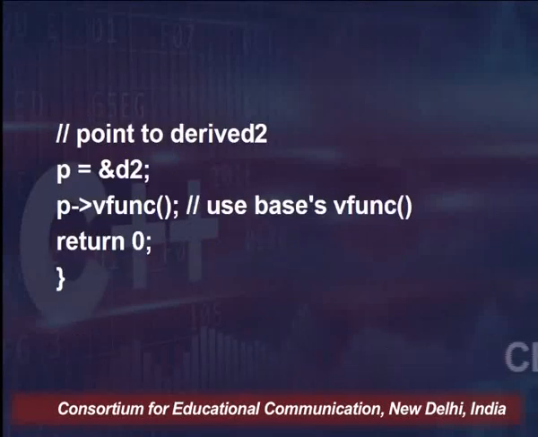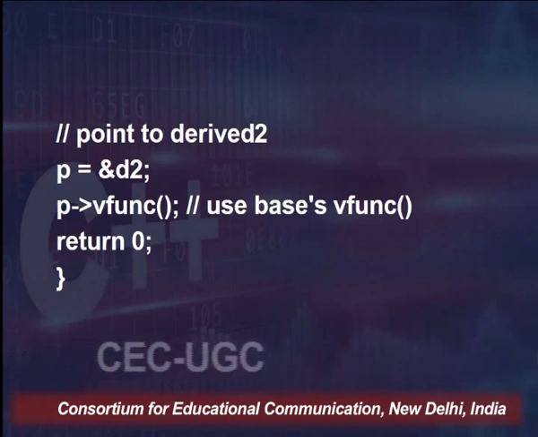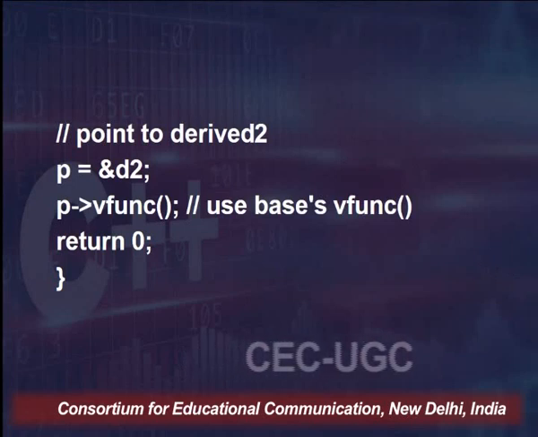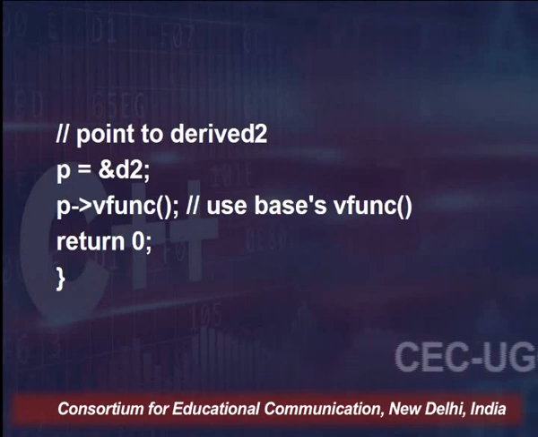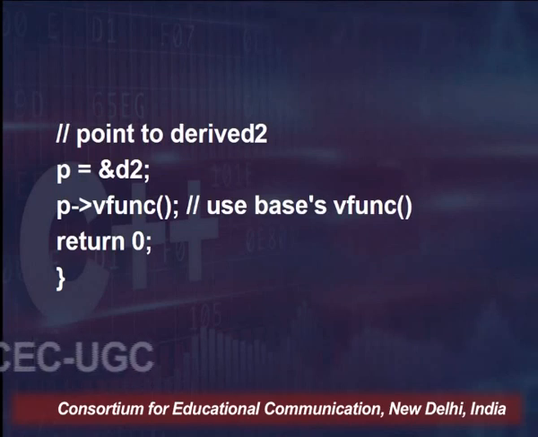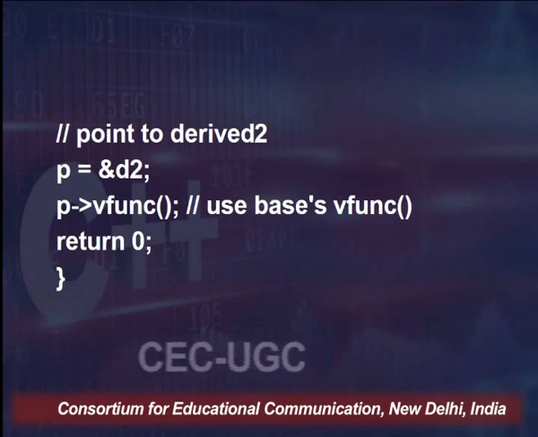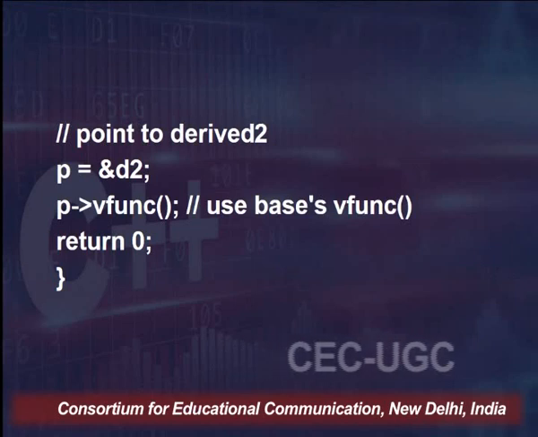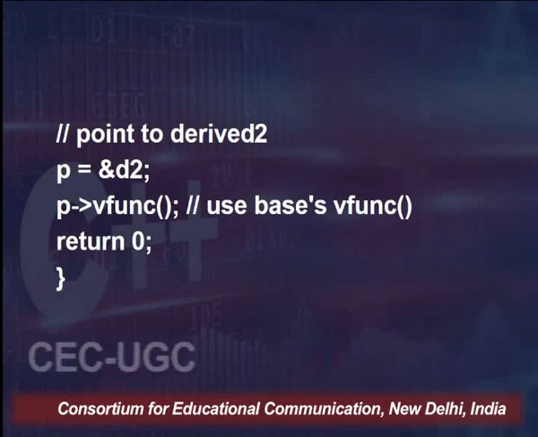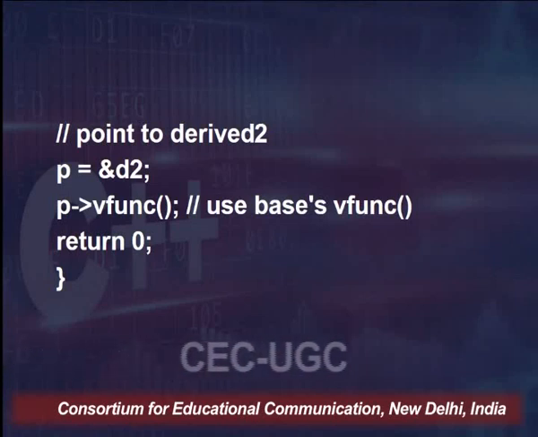But now we are changing the contents of the pointer P, and now pointer P is pointing towards the object of the class derived 2. Now, please recall that derived 2 does not have its own definition of vfunc.